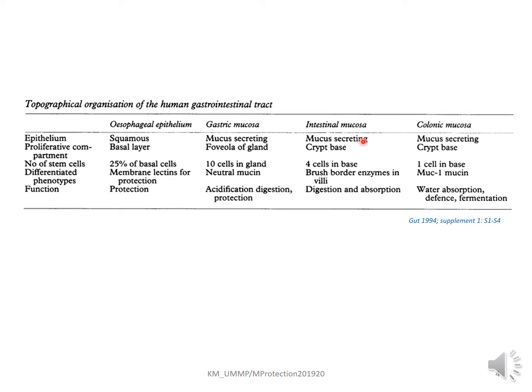In the small intestine, most of the intestinal glands secrete mucus for protection, and are also involved in digestion and absorption. Whereas the colonic mucosa can secrete mucus and is involved in absorption of water to a certain amount, and we have a lot of host bacteria in the colon, which cause fermentation and so on.